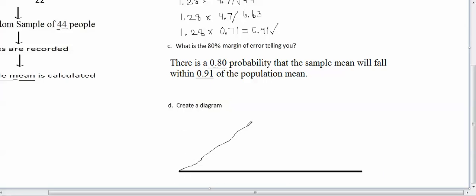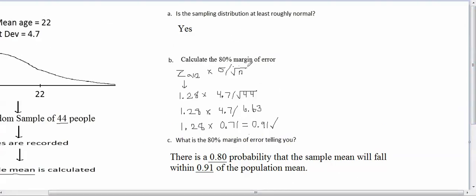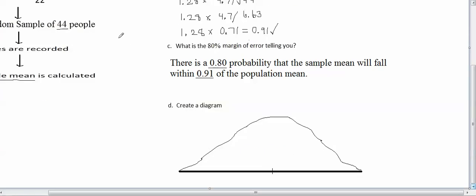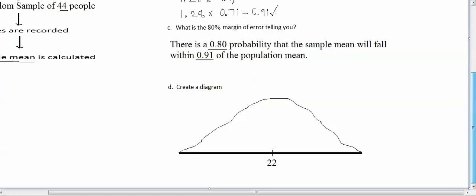So this is the diagram of our sampling distribution. The population mean is at the center. In this problem, the population mean is 22. It says that up here. So I'm going to put 22 at the center. The population mean has a z-score of 0.